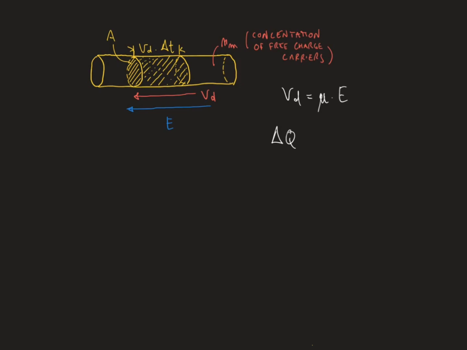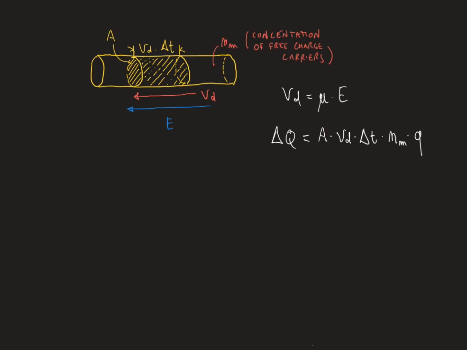So the charge delta Q is given by the volume of the small cylinder, which is the base area A times the drift velocity times delta t, times the free charge carrier concentration N sub m times the charge carried by each individual charge carrier, let's say Q.